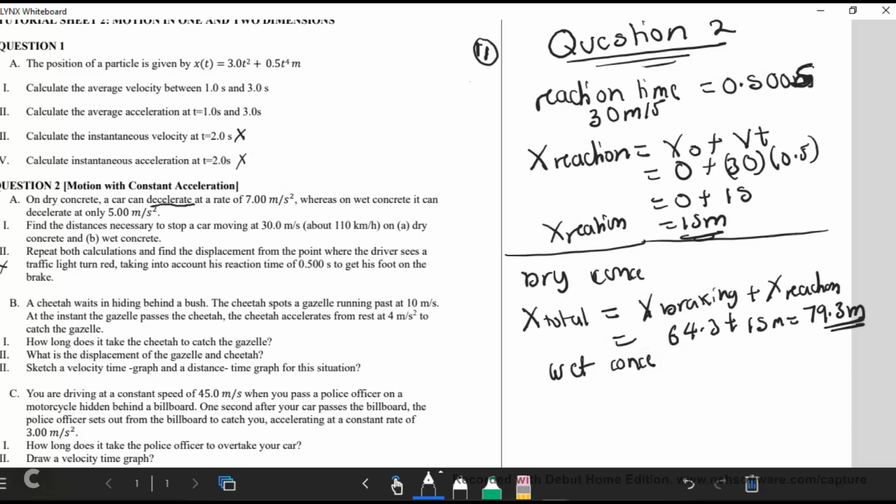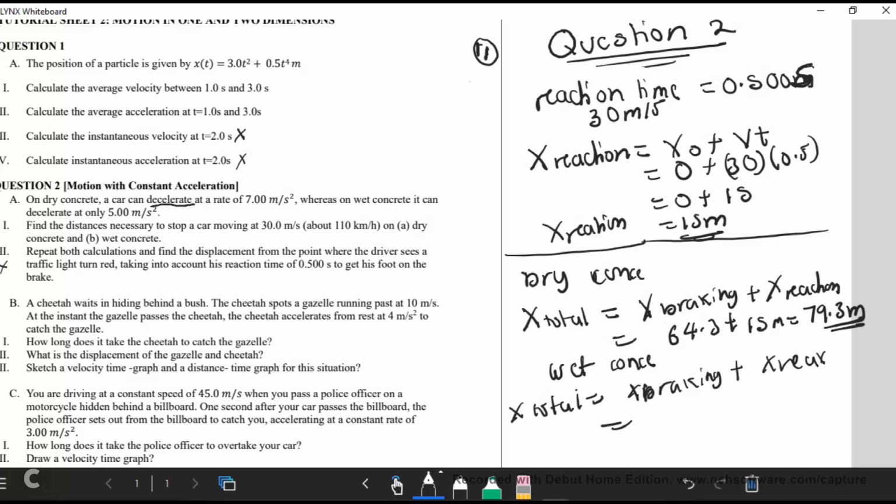So on the wet concrete, the total is equal to what? It is the braking plus the reaction. So for the braking, what are you having?